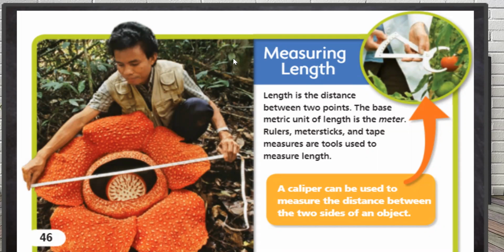Okay, what is the unit? How can we use the unit? Let's say the distance between the two sides of an object is 3. 3 what? 3 inches? 3 grams? 3 liters? What are you going to use?